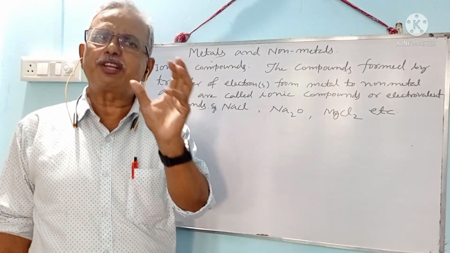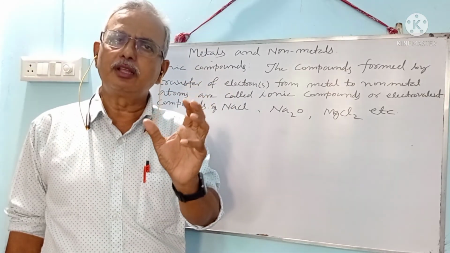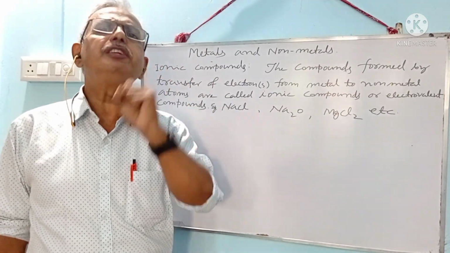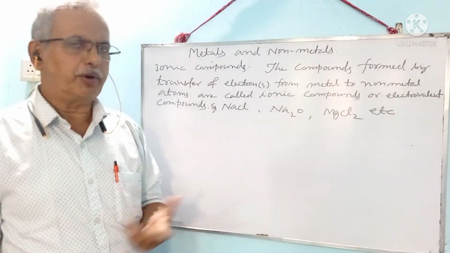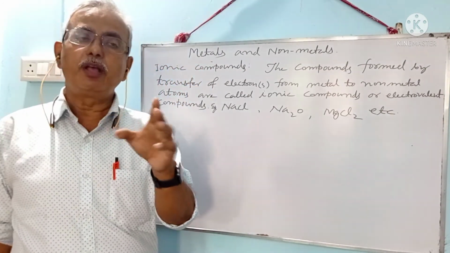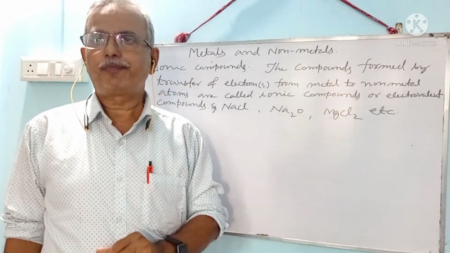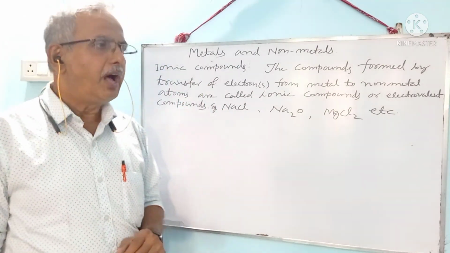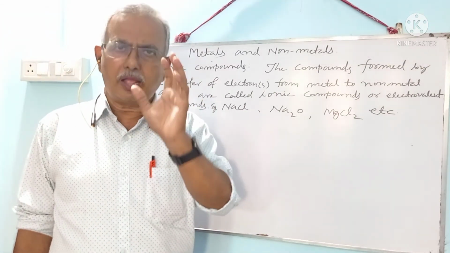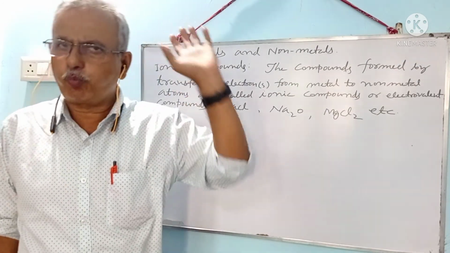The force of attraction between the positive ions and negative ions keeps the compound very tight, and that is why ionic compounds are solid. Second, ionic compounds have high melting point and boiling point.